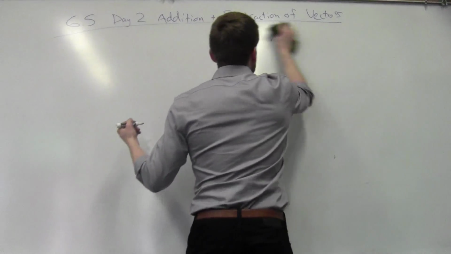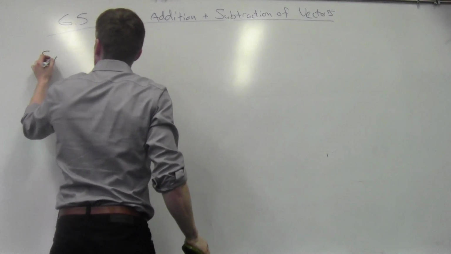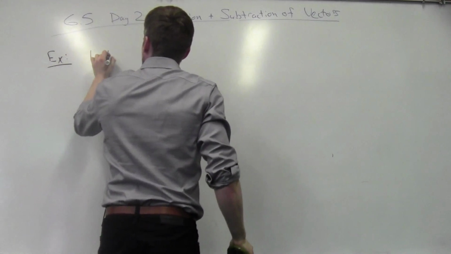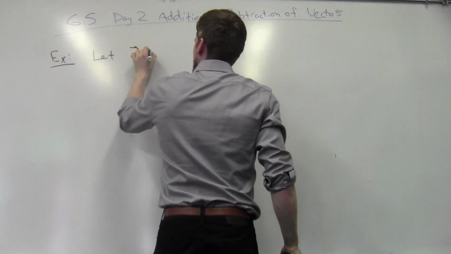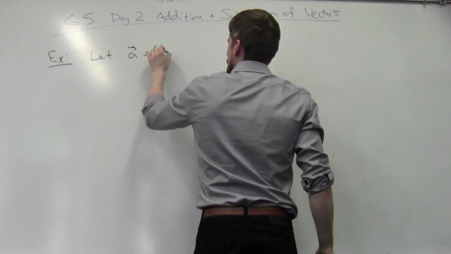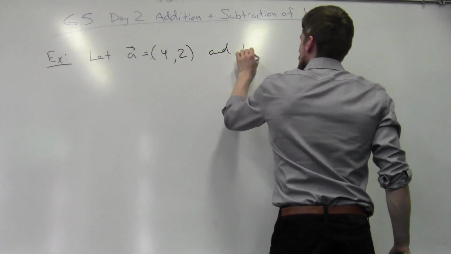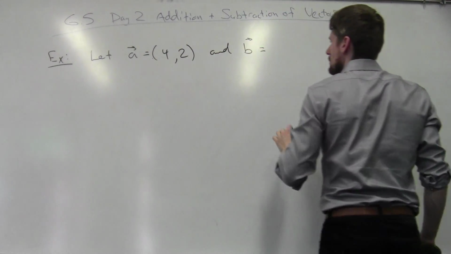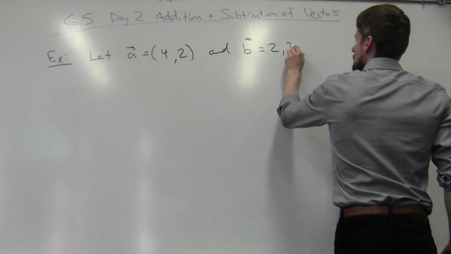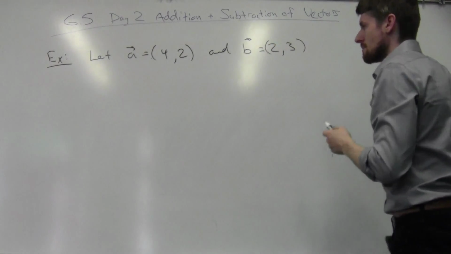So let a equal the vector 4, 2, and b be the vector 2, 3, for instance.